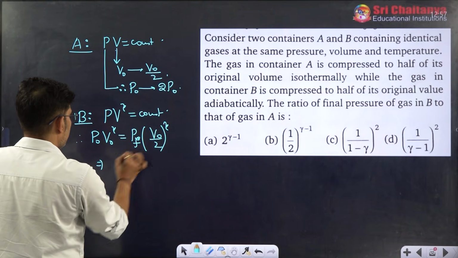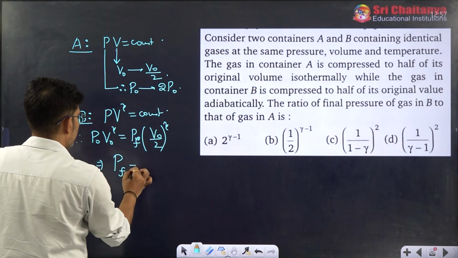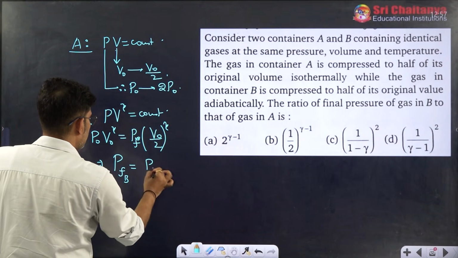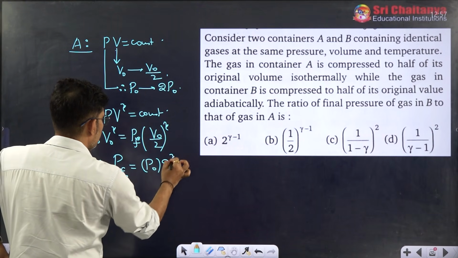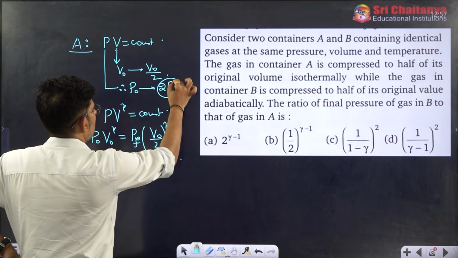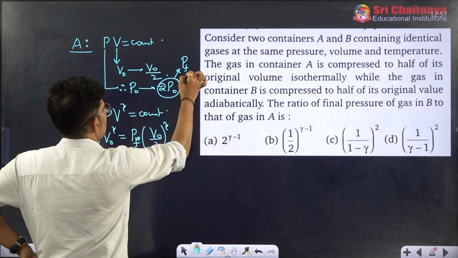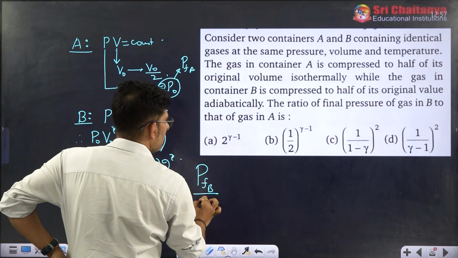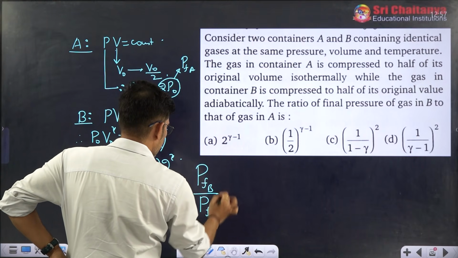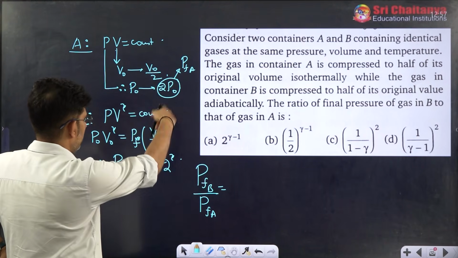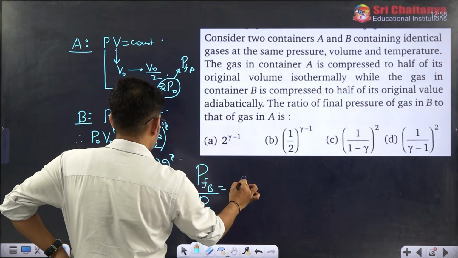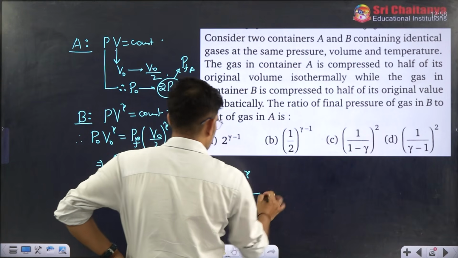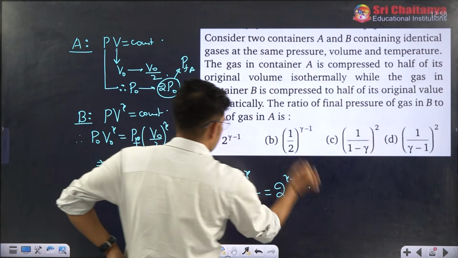P final in case B will become P0 times 2 to the power gamma. And this was the final pressure in case A. So they are asking final pressure in B by final pressure in A. So P0 and P0 will cancel. So you have 2 to the power gamma by 2, which will become 2 to the power gamma minus 1.